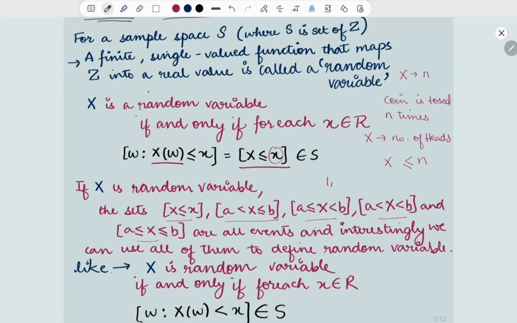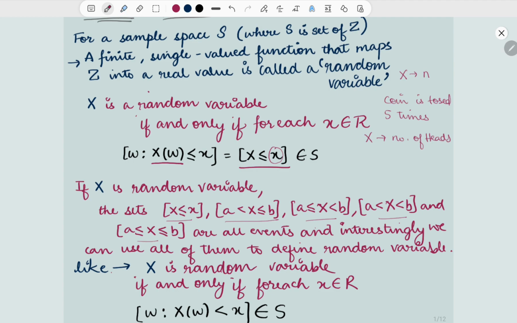Like it can be 1, 2, 3, 4, 5 up to n. Let us make this finite. Suppose rather than n, we are tossing it 5 times.